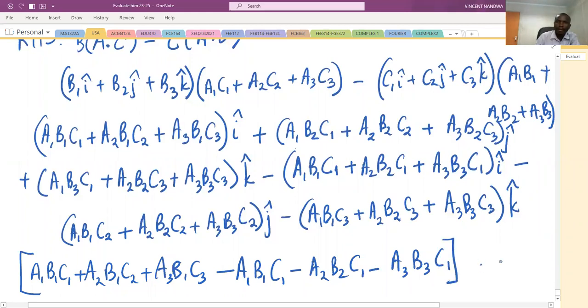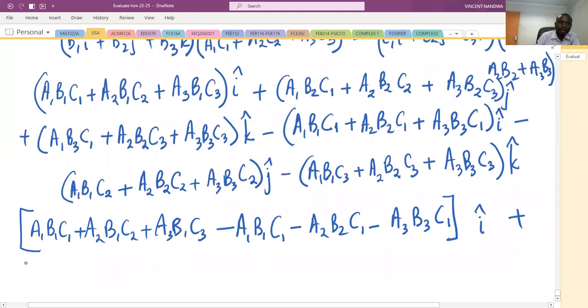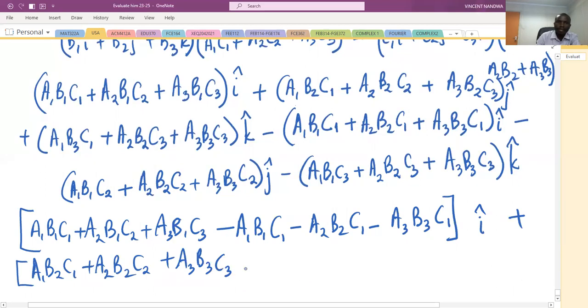So this is I plus, for J, I'll have A1 B2 C1 plus A2 B2 C2 plus A3 B3 C3. And then all these ones, they are negatives. So negative A1 B1 C2 minus A2 B2 C2 minus A3 B3 C2, J.